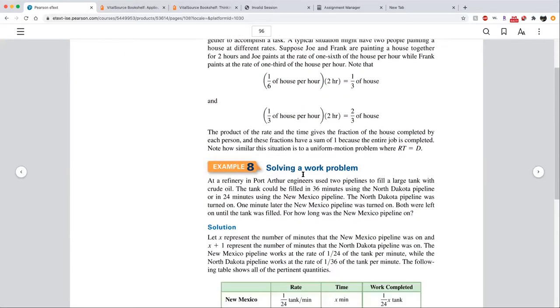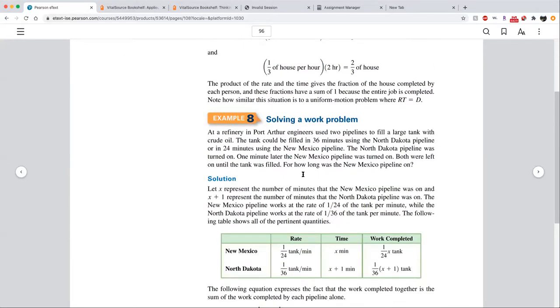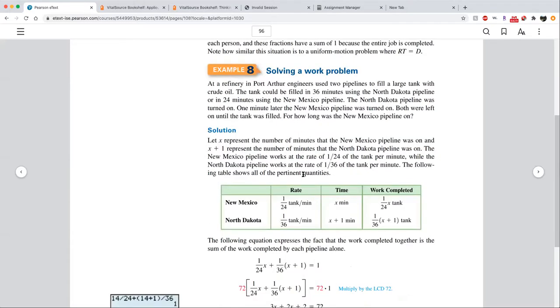But in a work problem, we always set the total amount of work as one. Keep in mind this. So look at example 8. At the refinery in Port Arthur, engineers use two pipelines to fill a large tank with crude oil, and the tank could be filled in 36 minutes using the North Dakota pipeline, or in 24 minutes using the New Mexico pipeline.